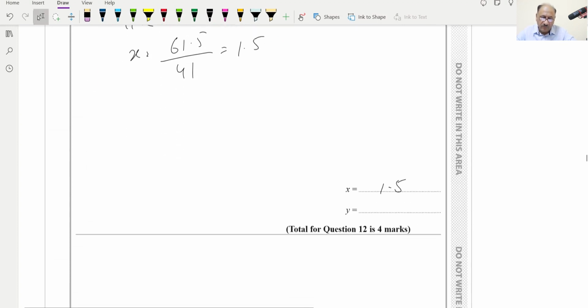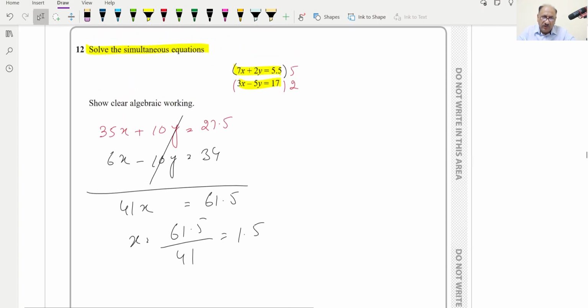Now we can find the y value. For the y value we can use any of the equations, and I'm using the second equation, which is 3 times 1.5 minus 5y is equal to 17.